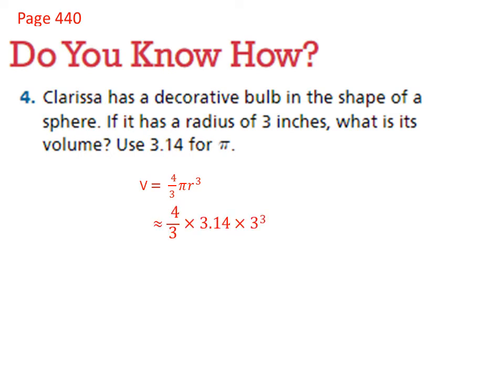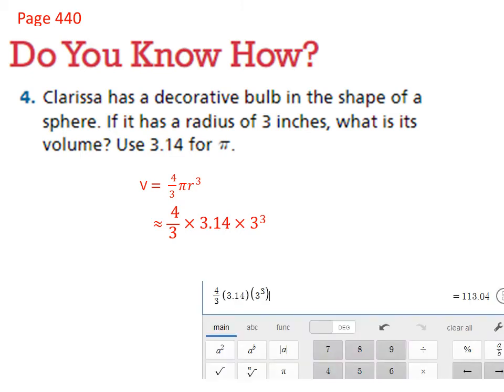So V equals 4/3 times 3.14 instead of pi, times the radius length 3 cubed. Now use your calculator to evaluate this expression. Yes, the answer is about 113.4 cubic inches.